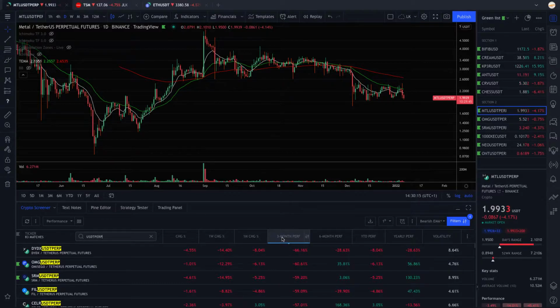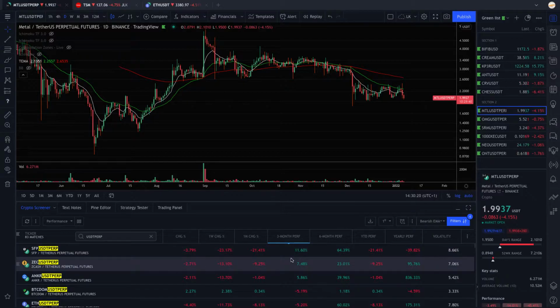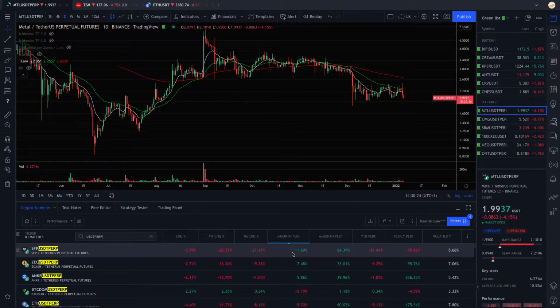If you sort by the 3-month performance and you have the highest 3-month performance, it's going to be the least bearish because they will have gone down less. You want the strongest bearish trend. If you sort by the weakest performance, the most negative, whatever you want to call it, you're going to have the most bearish assets, and that is going to be how you spot different opportunities.